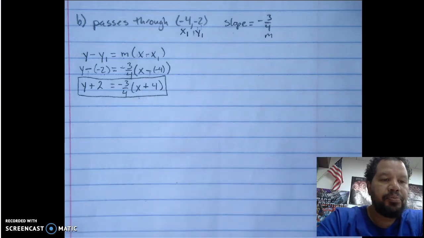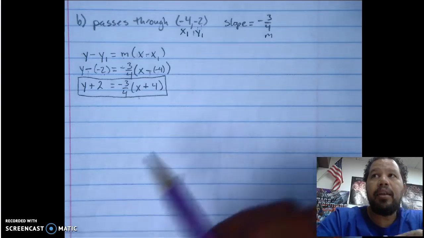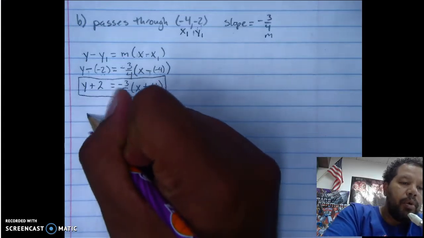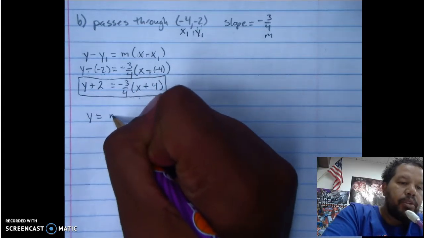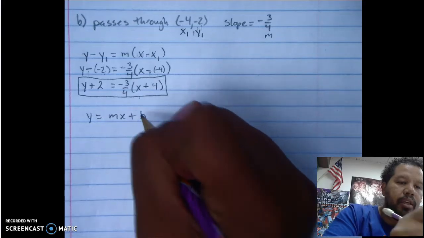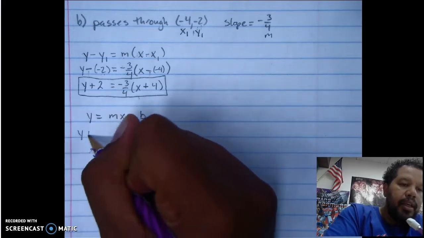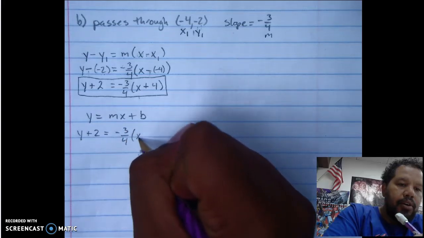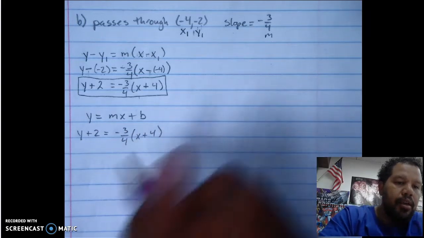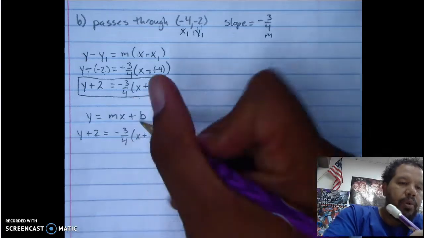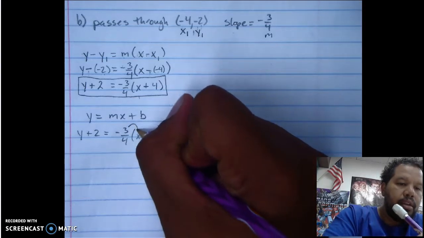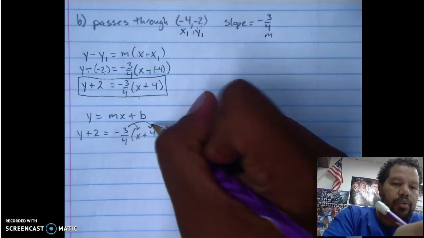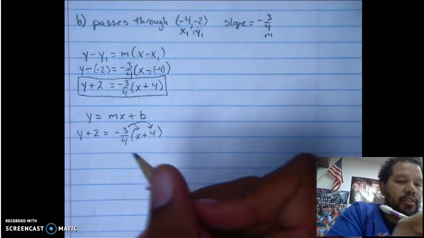Okay, and now we want to write this in slope-intercept form. So we want to get the y equals mx plus b. So let me write it down, and let's go ahead and begin. Where do we begin? We begin by multiplying the -3/4 times the x and -3/4 times the 4 to get rid of the parentheses.